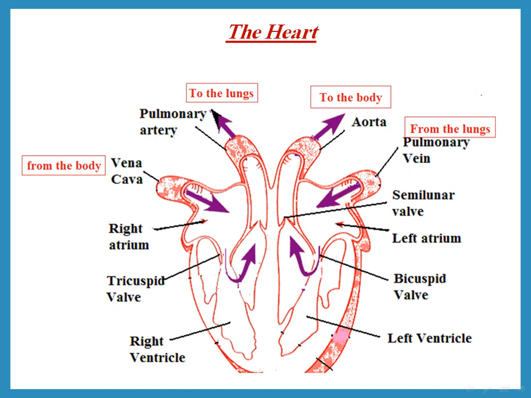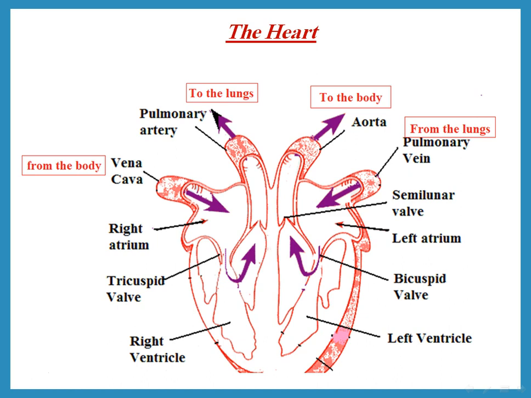So the tricuspid valve forces the blood to go from right atrium to right ventricle, but it prevents it from going backwards. So no blood can go from right ventricle to right atrium. So blood coming from the body enters through the vena cava into the right atrium.